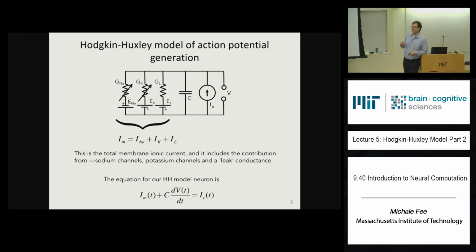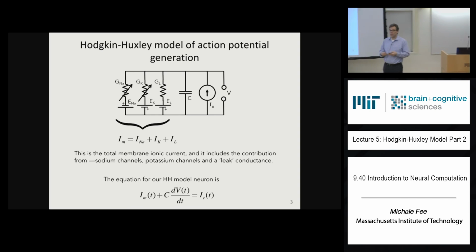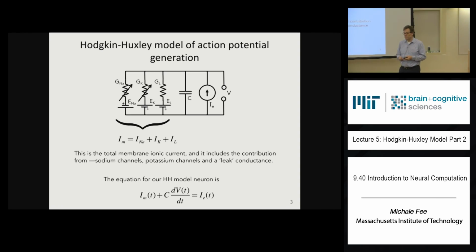It's an example of how we can use modeling to test and elaborate on hypotheses about how defects in a circuit or in an ion channel can lead to very complex phenotypes in a whole animal.